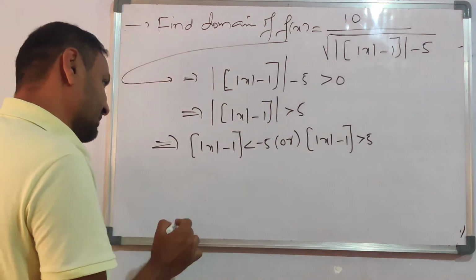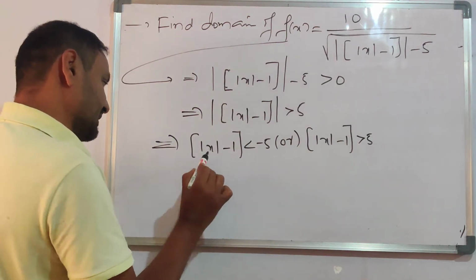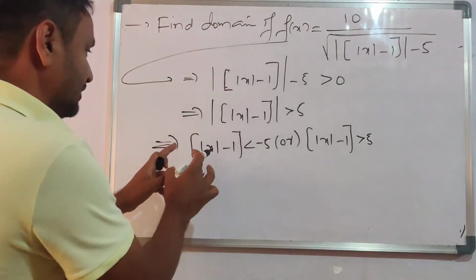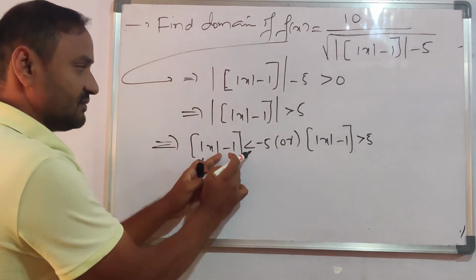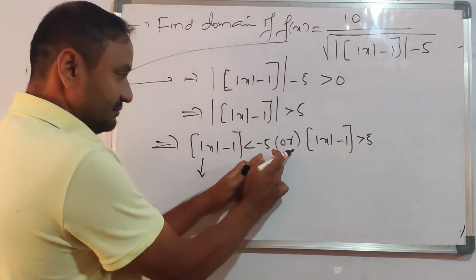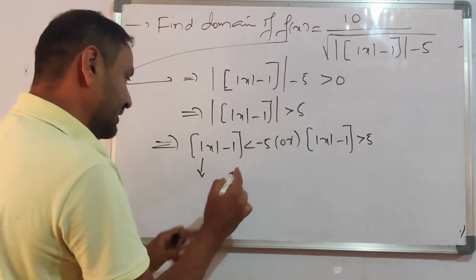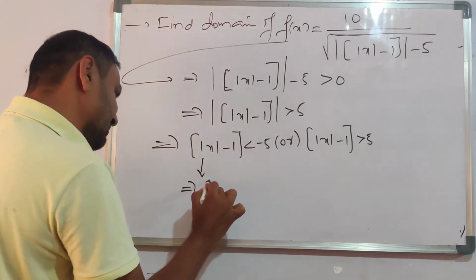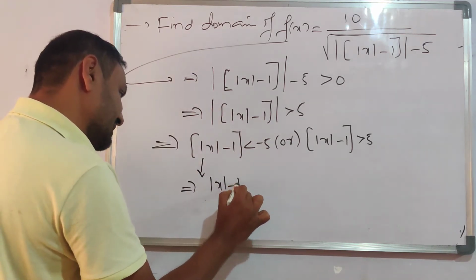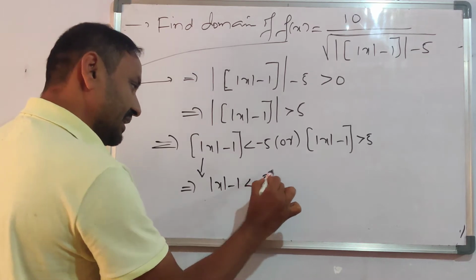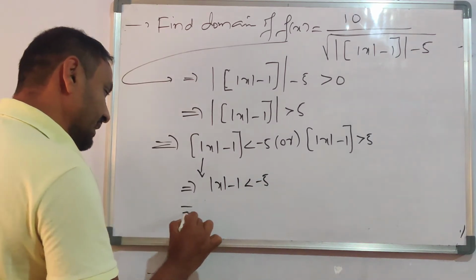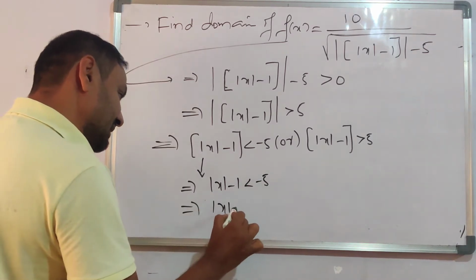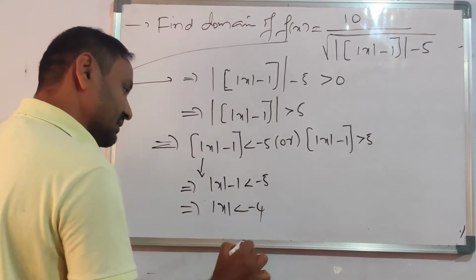From this, take the first one. Step of mod x minus 1 less than minus 5. Less than minus 5 means we get the same condition, that is mod x minus 1 less than minus 5. That implies mod x is less than minus 4.